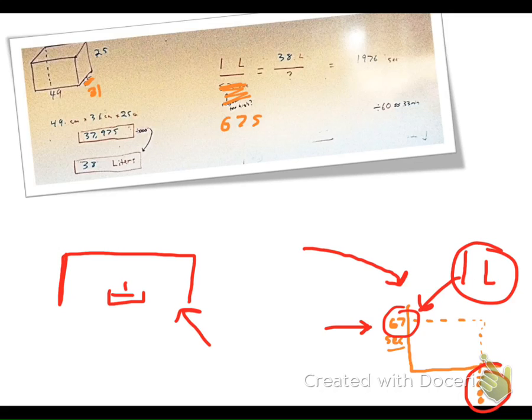Now, if we cross multiply, we take 67 times 38 and 1 times x, we will get an answer in seconds, and that would be 2,546 seconds. And if we wanted to figure that out in minutes, we would just divide by 60. So if I divide that by 60, I get 42 minutes.